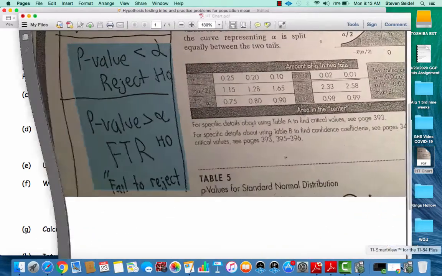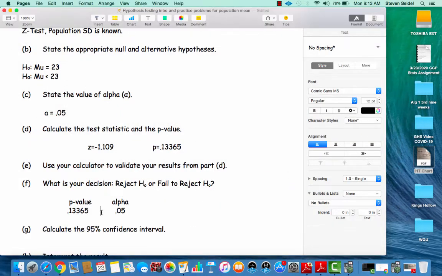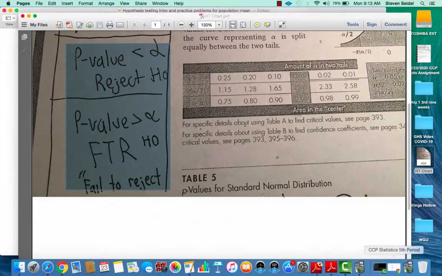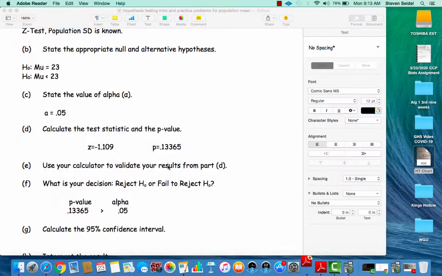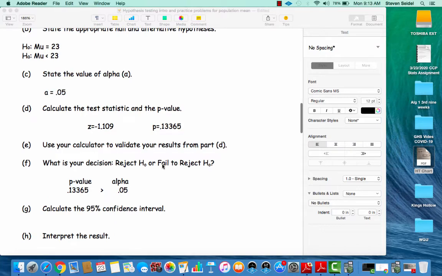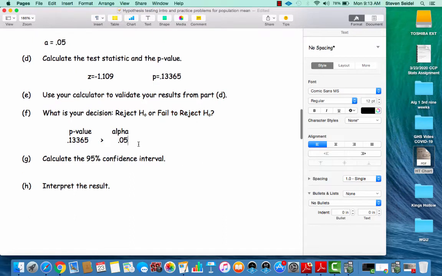Looking back at that chart, when you make that comparison, we easily see that the p-value is greater. Since p-value is greater than alpha, we're going to fail to reject the H sub O.